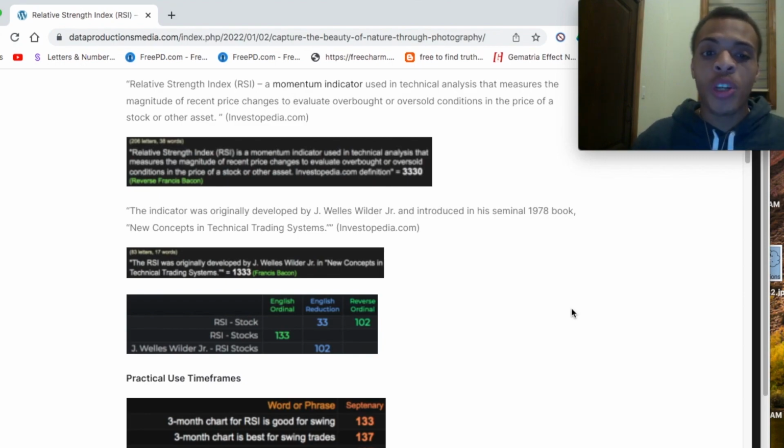The indicator was originally developed by J. Wells Wilder Jr. and introduced in his seminal 1978 book, New Concepts in Technical Trading Systems. Investopedia.com. I go to Investopedia for these definitions and this information. Keep it simple.